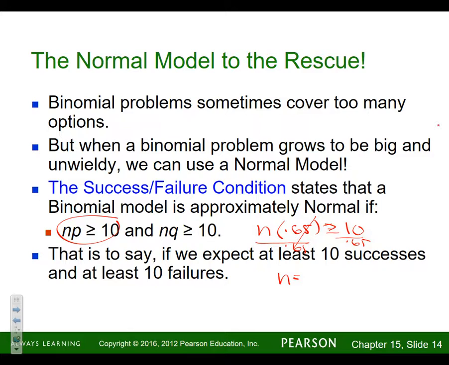So what's 10 divided by 0.65? 15 point what? 0.38. And then we would go over here and figure out the number of failures. So it would be n times 0.35. So what's 10 divided by 0.35?